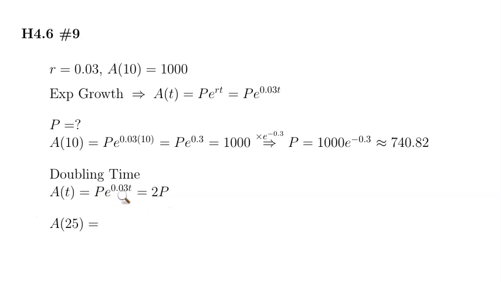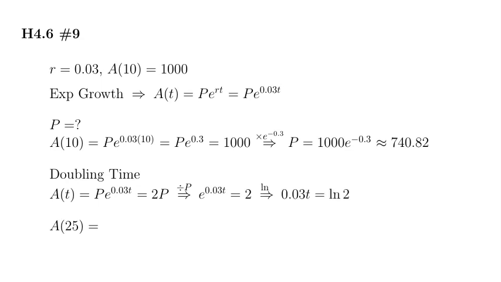Let's solve for t. First, I'm going to get rid of P by dividing through by P. So we get that. And then we want to get rid of e. An easy way to do that is to take the natural log of both sides. So we have that.